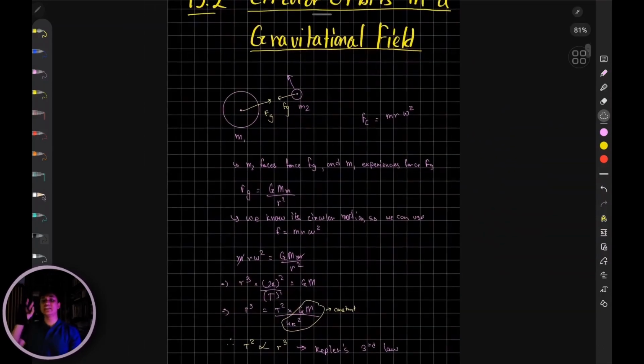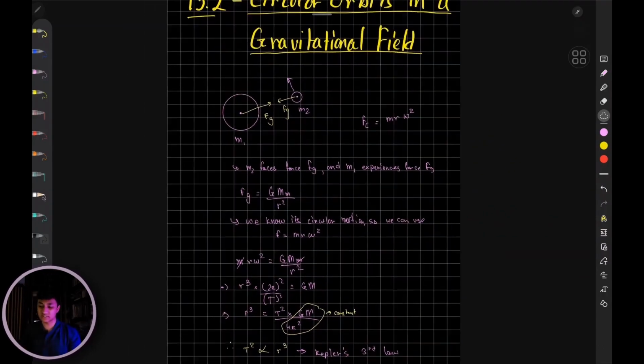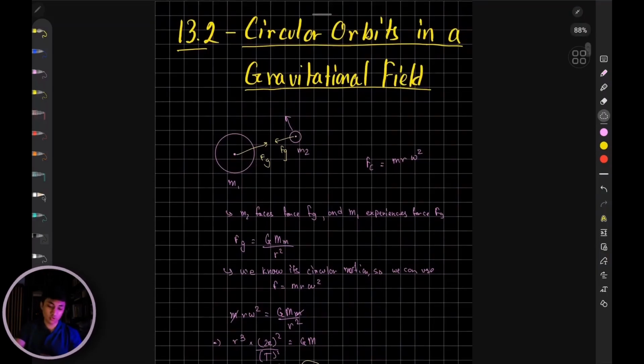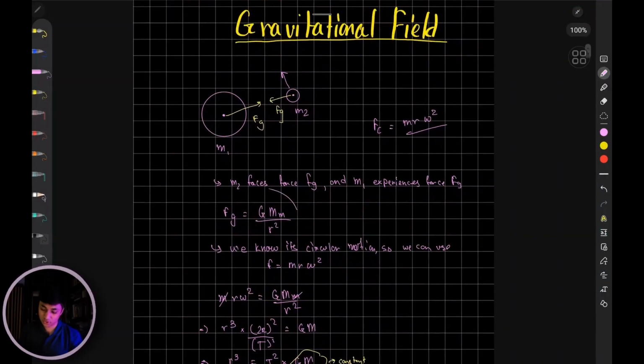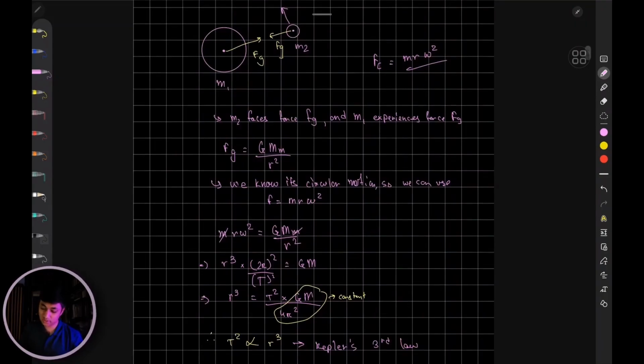So if we equate both of these equations, that is Fc equals m r omega squared, the centripetal force, and the force due to the gravitational field, G times the product of masses divided by their separation squared. So here is the Fg. We also know the circular motion's centripetal force. So we can equate both of these together, that is m r omega squared.